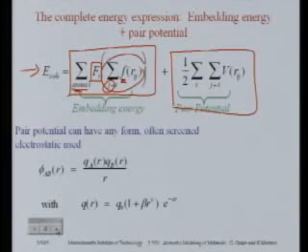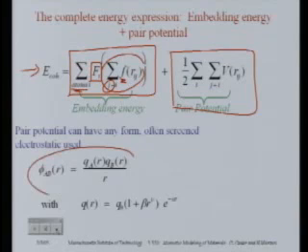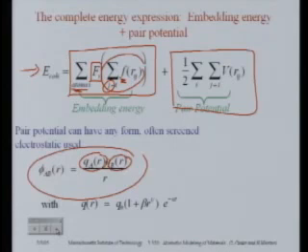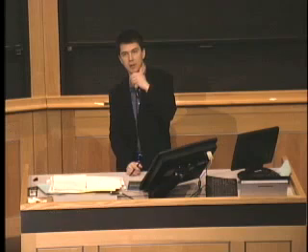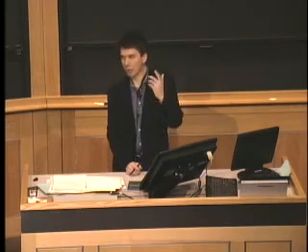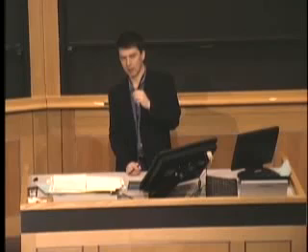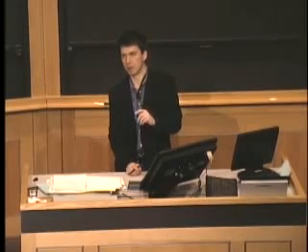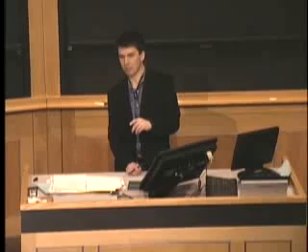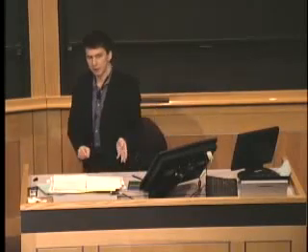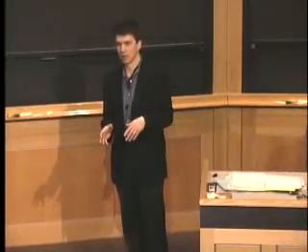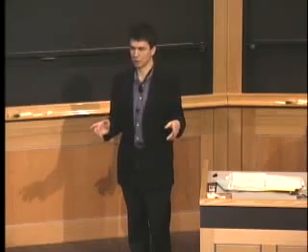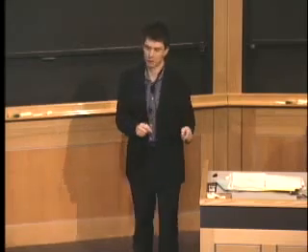Typically, they use some screened electrostatic form, which is essentially the product of charge distribution functions on atoms. But nothing would stop you, if you really wanted to, from using a Lennard-Jones. I'll show you in a second that the division of energy between the embedding part and the pair potential is not unique. That means every time you change your pair potential, you'll have to change your embedding function. I'll show you that in a second.